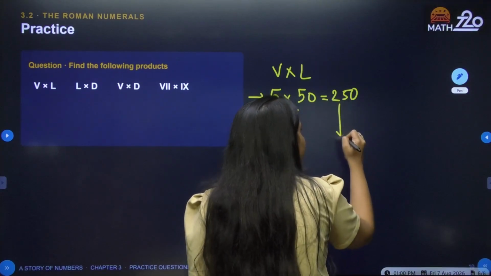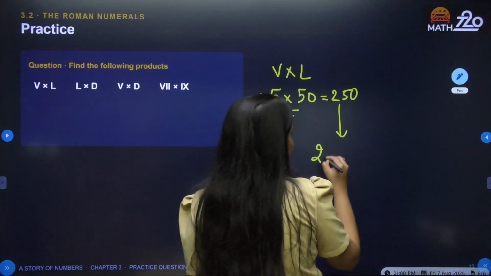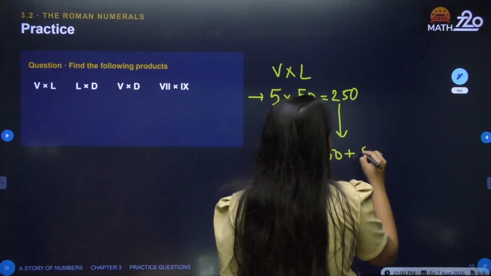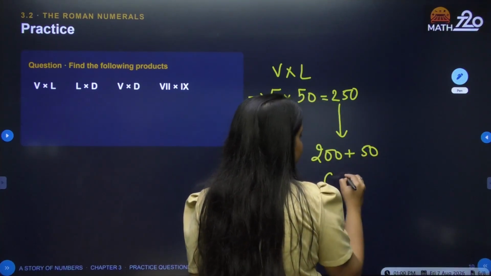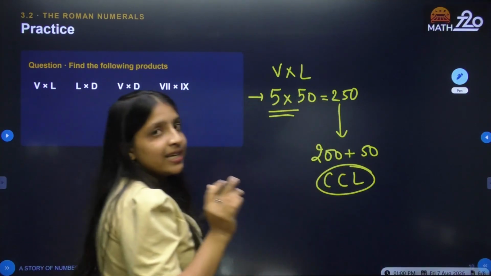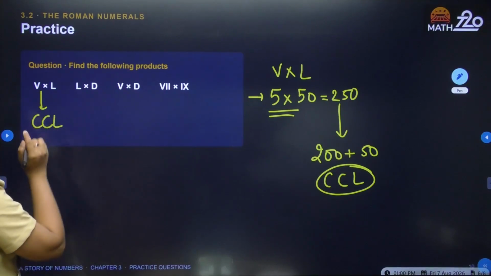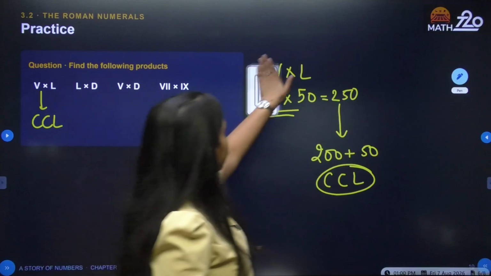Now you have to write this 250 in Roman form. How? Split it as 200 plus 50. 200 is double C. What is 50? 50 is L. C C and L is the product of this number, that is V into L.